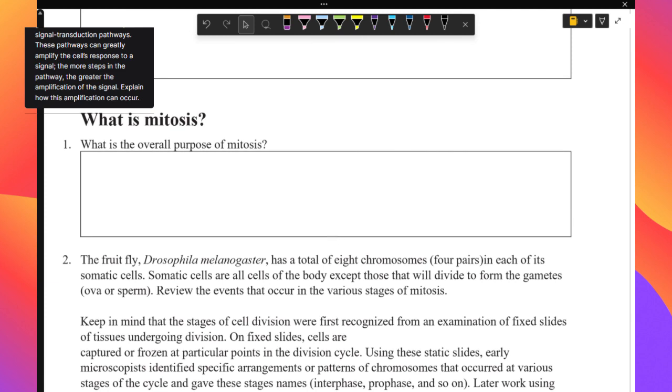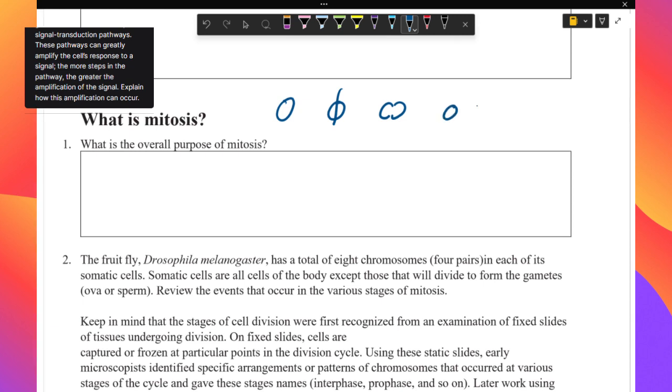So what is mitosis? What is the overall purpose of mitosis? I'm going to draw a little doodle here.